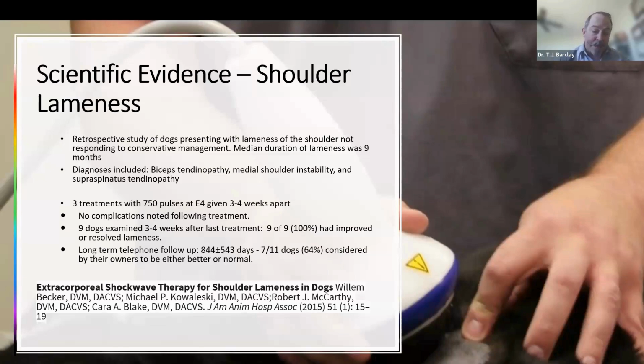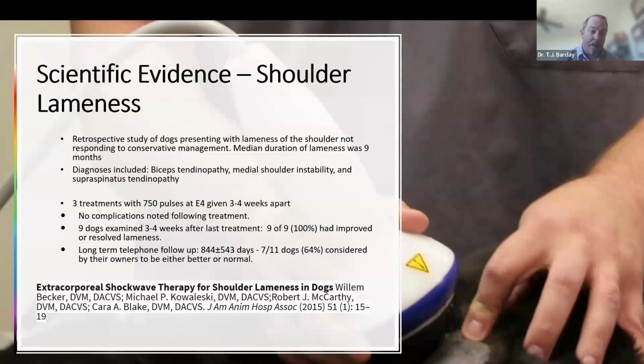Another use case in small animals, again, the soft tissue related, are going to be our shoulder injuries, so biceps and supraspinatus tendinopathies. This was a retrospective study done at Tufts University, looking at dogs with shoulder soft tissue lesions that had been unresponsive to conservative management.